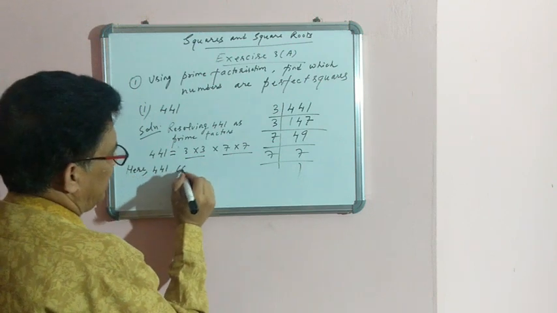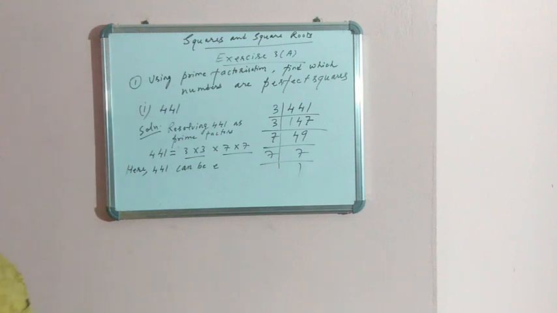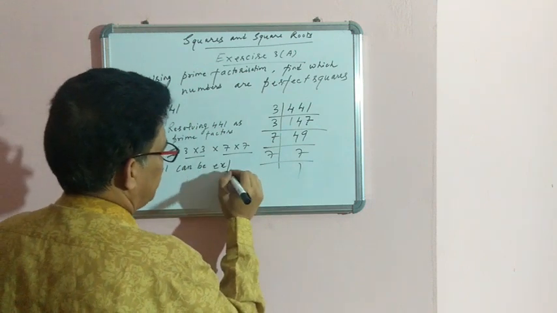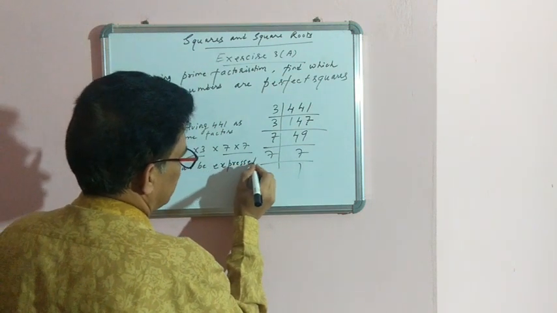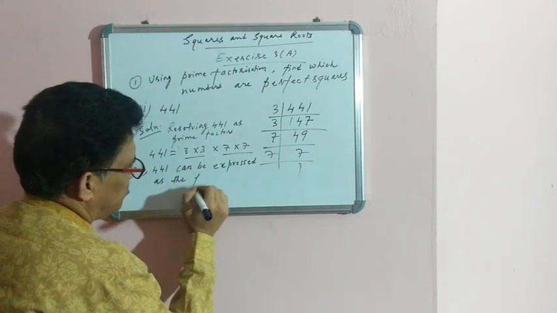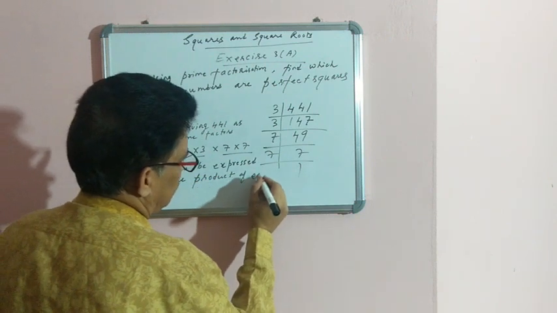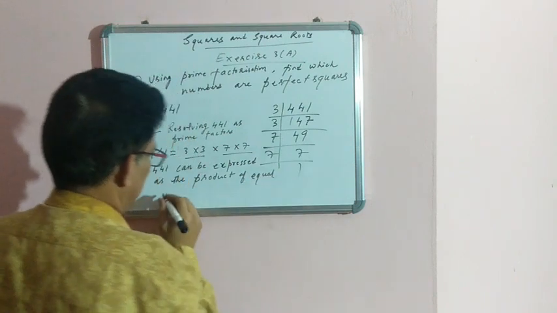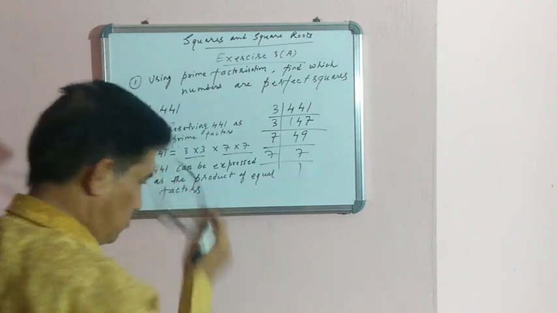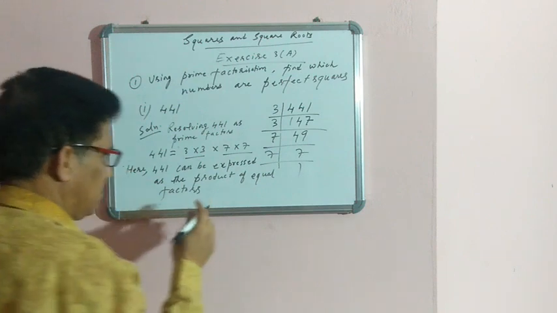Here, 441 can be expressed as the product of equal factors. You will use the same language as you have written in the test of a perfect square.